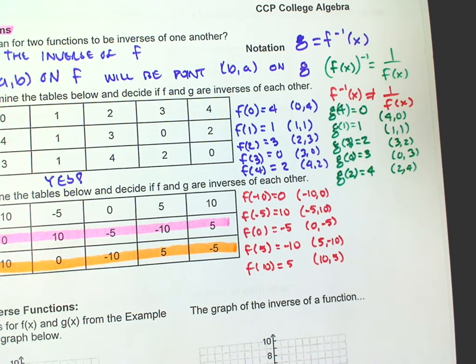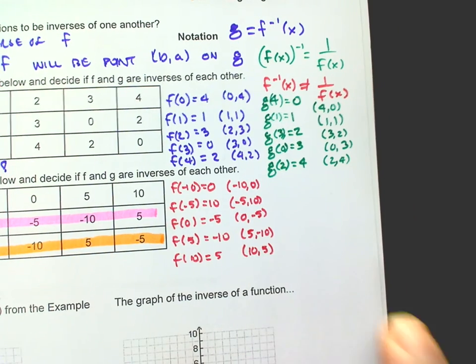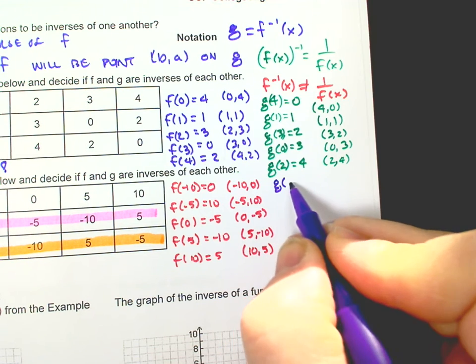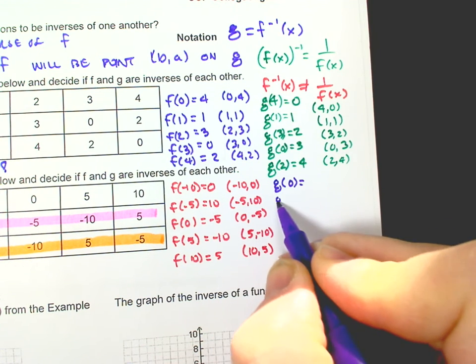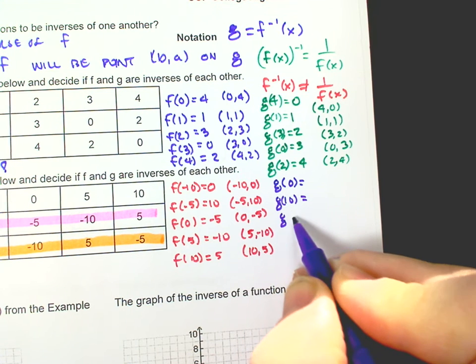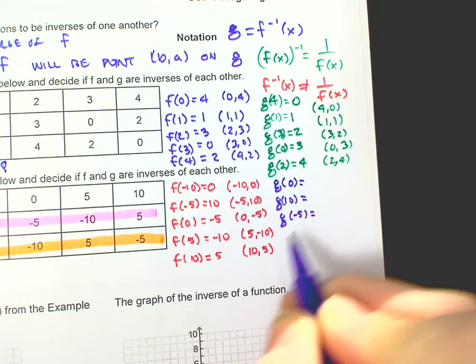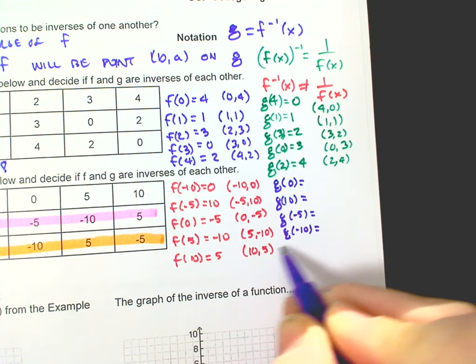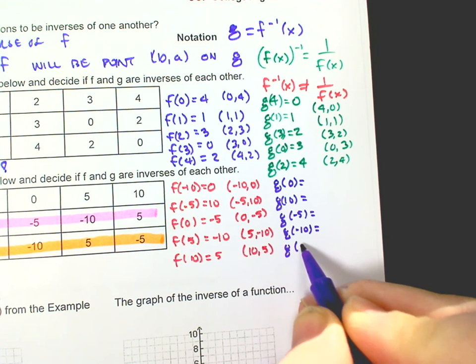And if this works out, I should get the inverses of each one of these. So in the first one, I'm going to substitute in 0, then I'm going to substitute in 10, then the next one I'll substitute in 5, then substitute in -10, then substitute in 5.